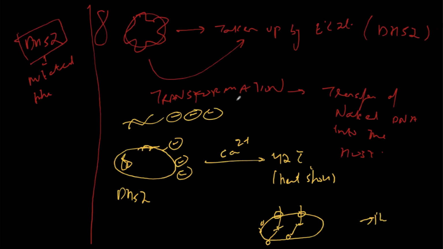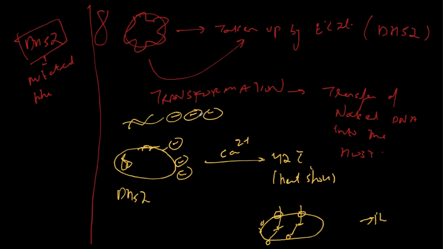First we have this normal cell, and it won't take up the DNA. So we first make them a competent host. We take the DH5 alpha cells and treat them with calcium for a while, so the calcium will be in the media itself. Then when we add DNA, it will come and stick to the walls of the bacteria.